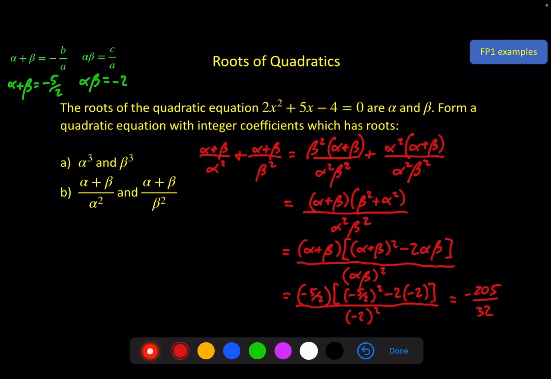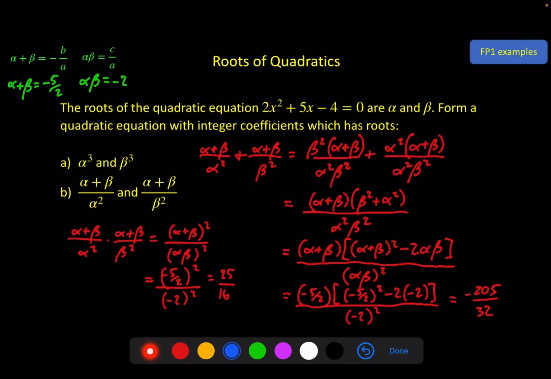Then the product, alpha plus beta over alpha squared times alpha plus beta over beta squared, and we find yet again that this is a slightly easier manipulation. So we've got minus 5 over 2 squared divided by minus 2 squared, which is 25 over 16.